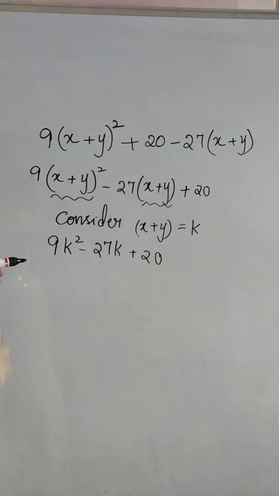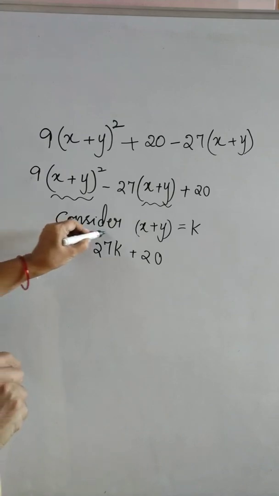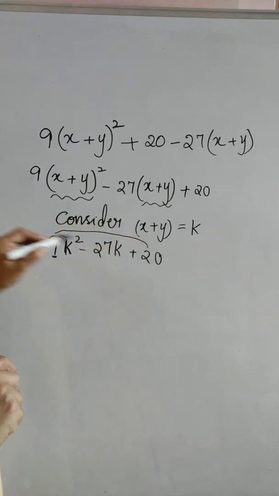Now always the coefficient of k square should be 1. Here it is 9. So what we do? We take the factors of 20 into 9, which is 180.